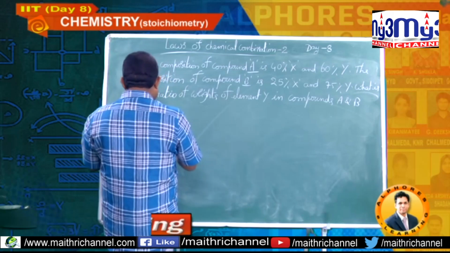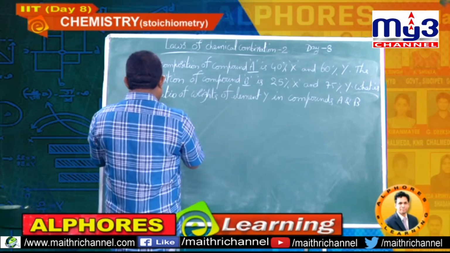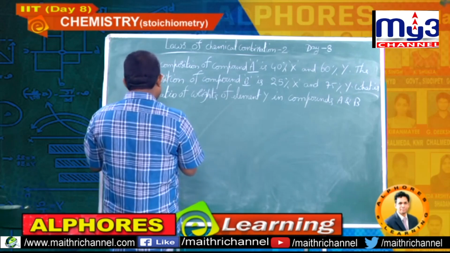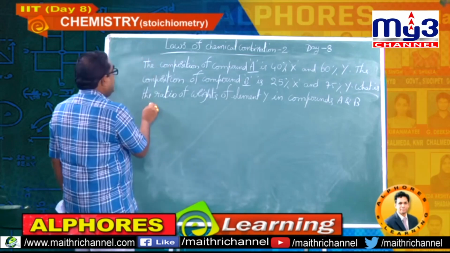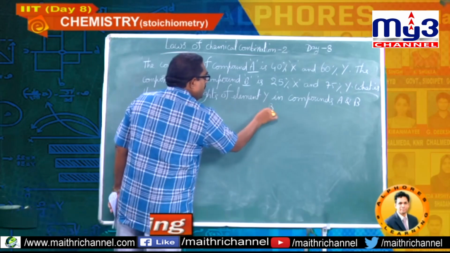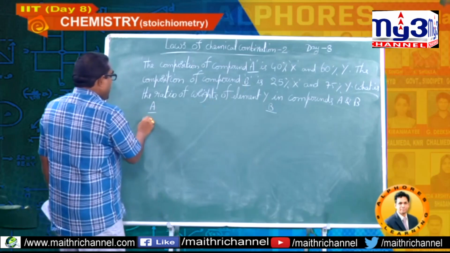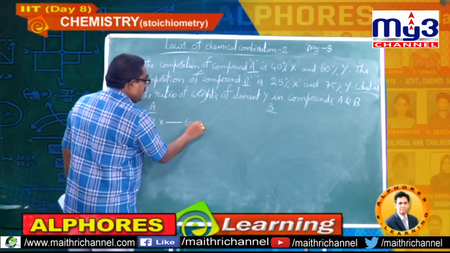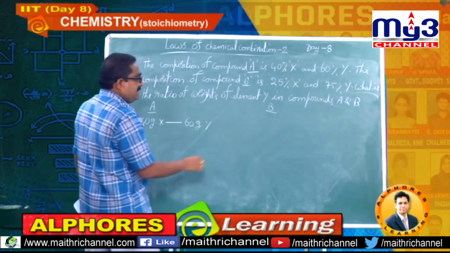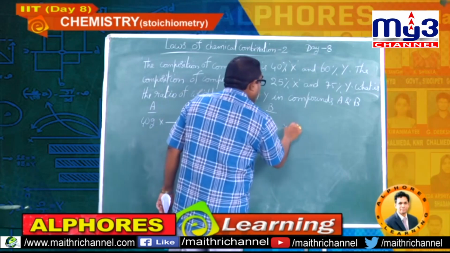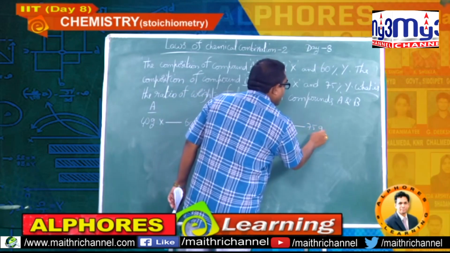Please note down the question. I am writing compound A here, compound B here. Compound A: 40 grams of X combines with 60 grams of Y. Similarly, compound B: 25 grams of X combines with 75 grams of Y.